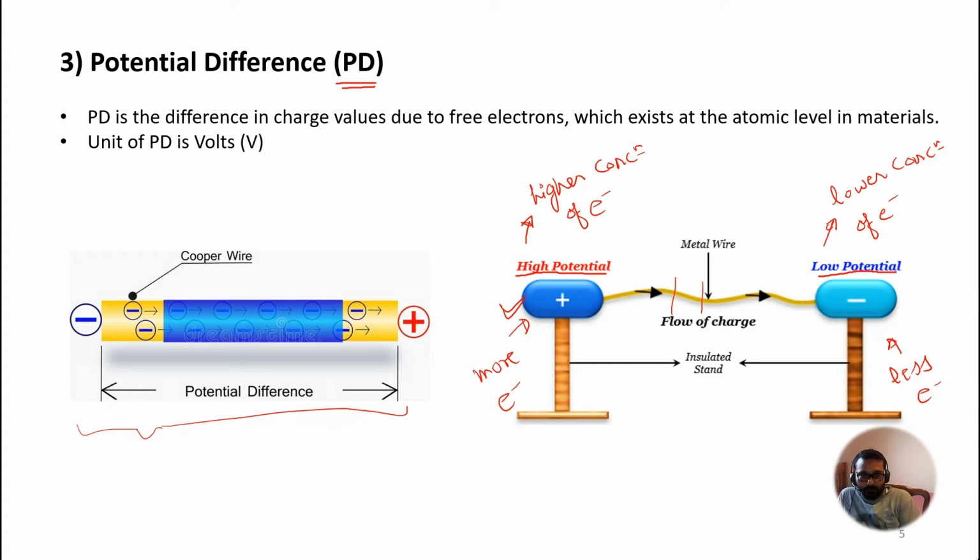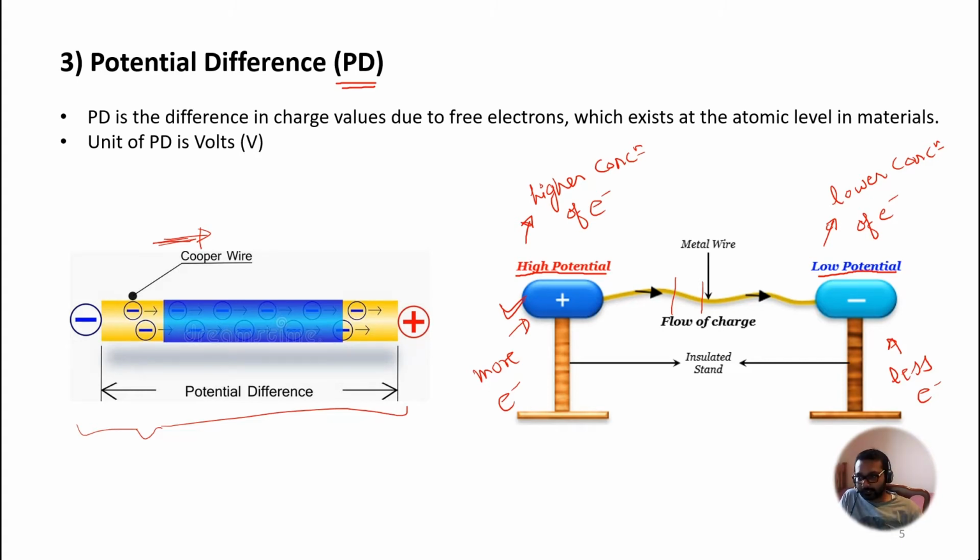So this is your copper wire, and the electrons are flowing in this direction, right? Even due to the flow of charges, or the flow of electrons, the wire will have a potential difference.